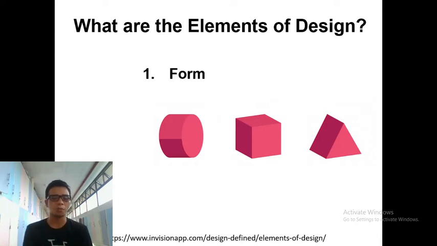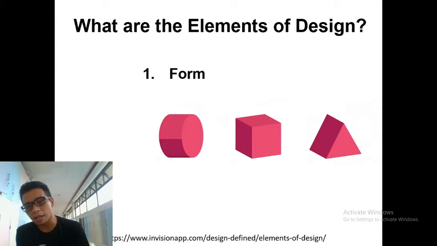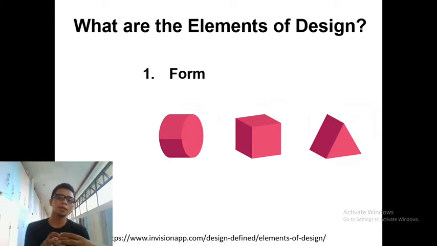What is form? We can see here in the image, in the slide, a cylinder, a cube, a triangle, somewhat like a pyramid, but it still looks 3D.